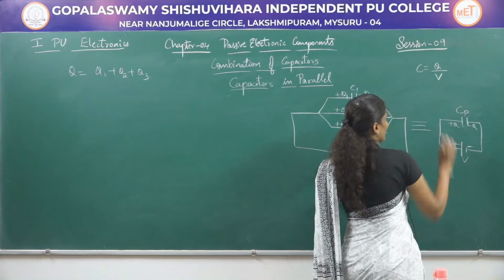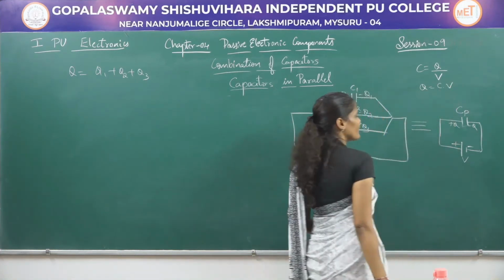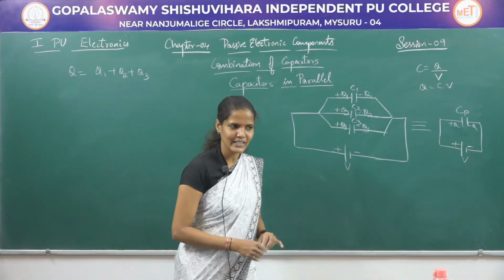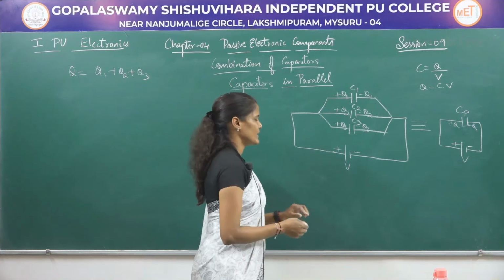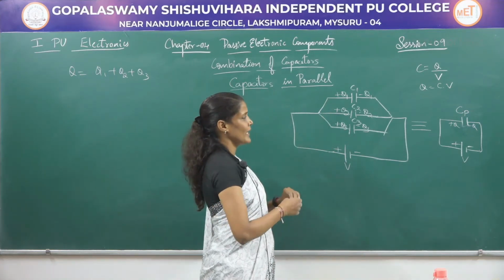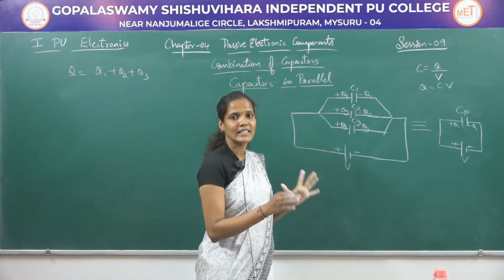We have the relationship C is equal to Q divided by V, but Q can be written as C into V, where C is the capacitance of a capacitor and V is the voltage across the capacitor. According to this diagram, I already told you that the voltage across each capacitor will be the same.